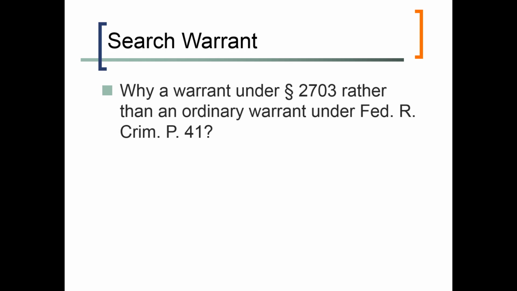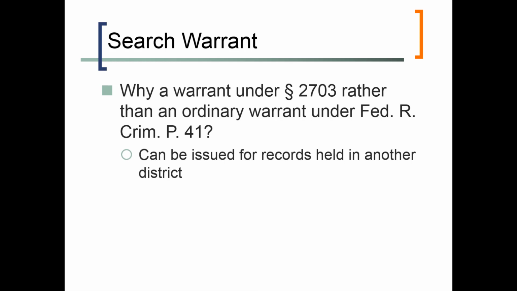Now, I mentioned before that there are some differences between the search warrant provisions under 2703 and Federal Rule of Criminal Procedure 41, which we have already looked at. So here are some of the differences. The 2703 warrant can be issued for records held in another district.